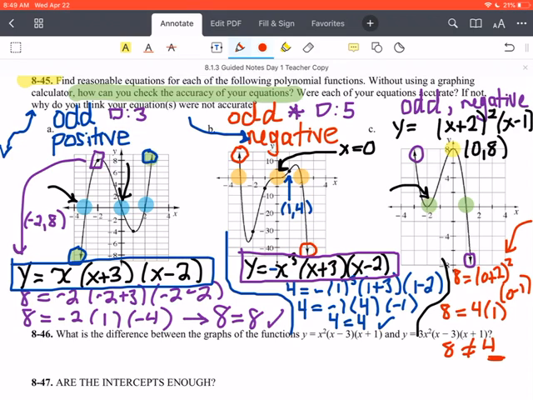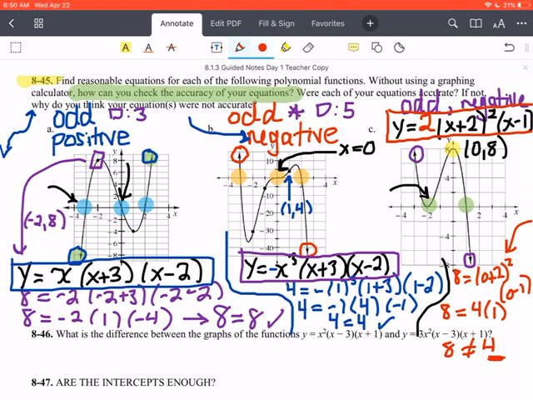I double it. So if we go back to our original equation, we're sometimes going to have to put a coefficient out front, and that coefficient, that a value, controls the stretch factor, which we've been looking at since first semester. If you don't have the 2 out front, it would not be the equation for the graph that we were given.